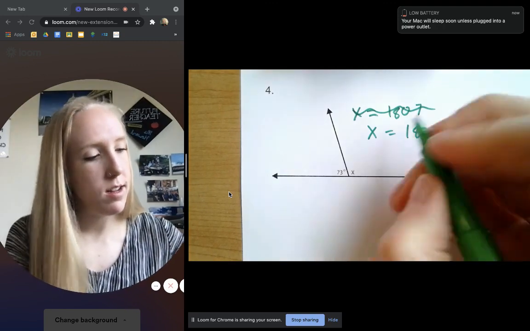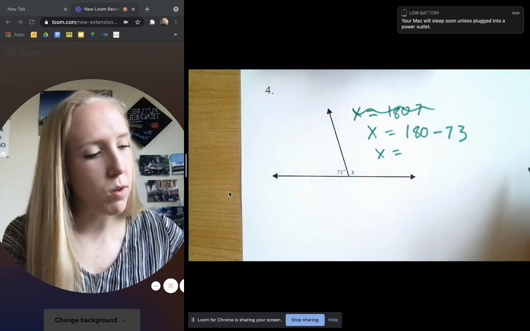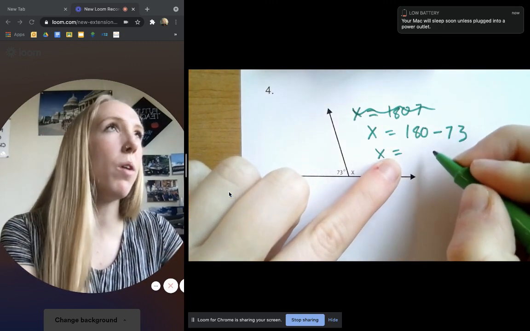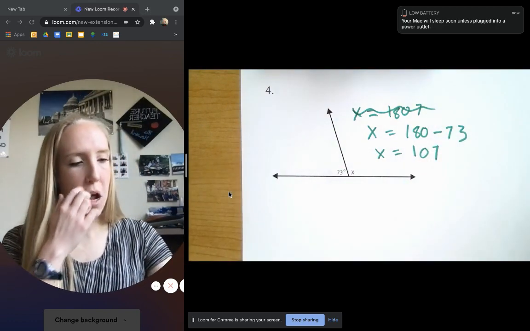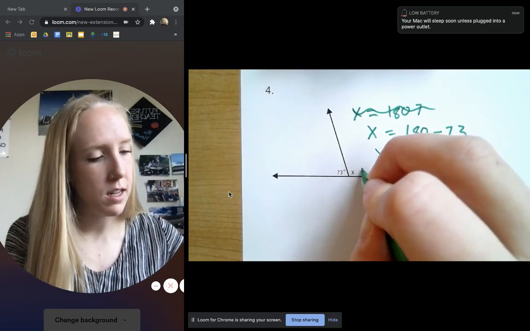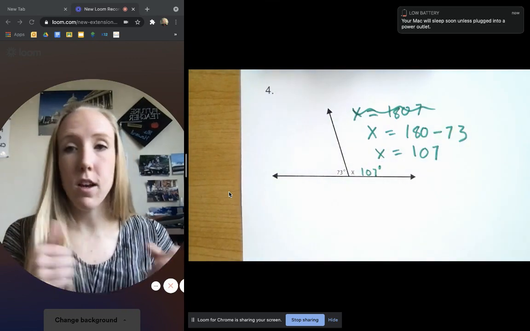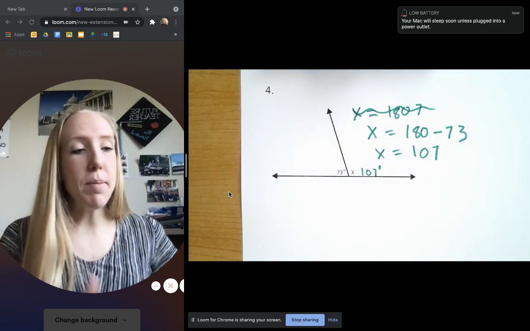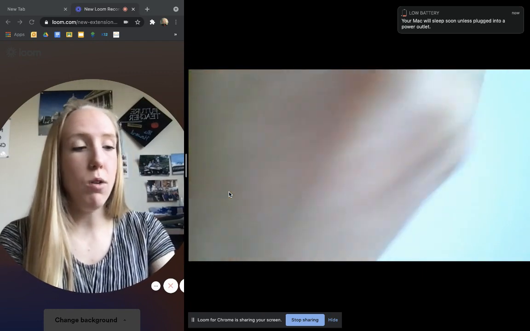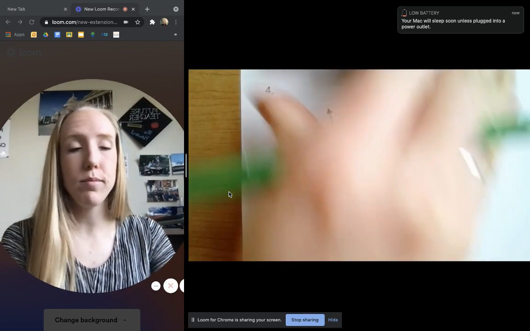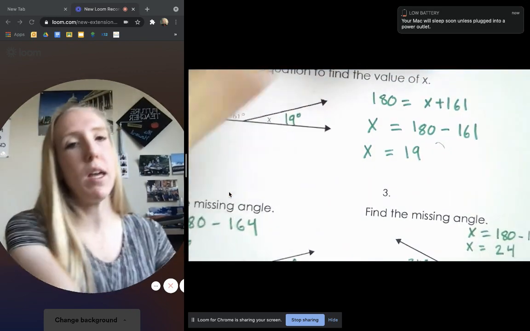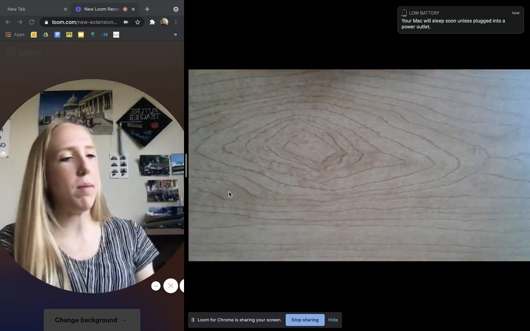And if you got x equals, what would it be? So I got 107. If you got 107, that's what x is. Awesome. So the answer to this one would be 107 degrees.